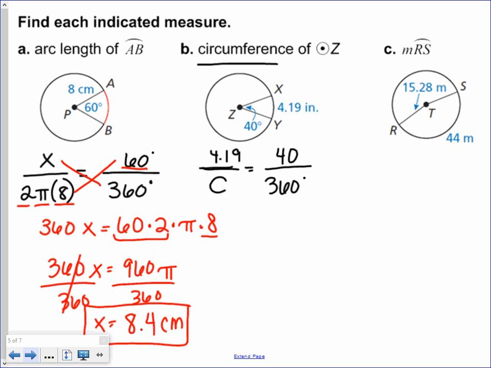From here, 40 times circumference, 40 times C, is 40C. 360 times 4.19 is 1,508.4.